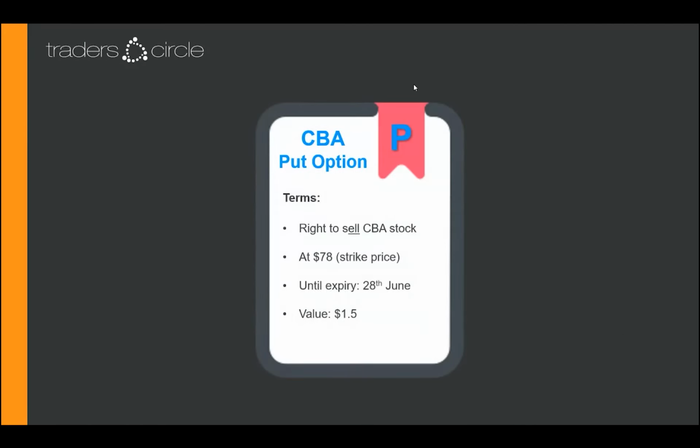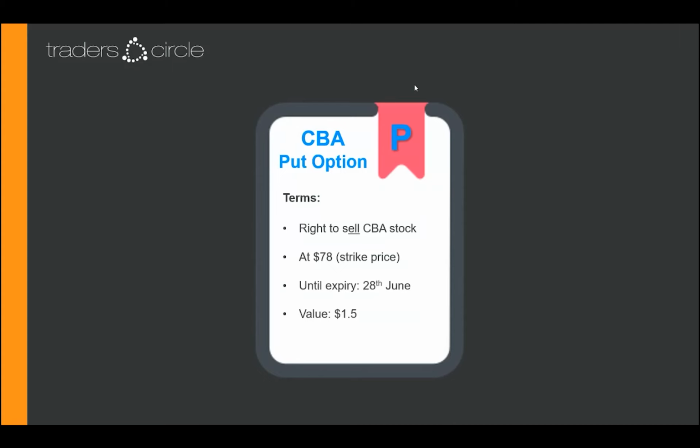So a put option, again, is just simply the opposite. The terms of a put option are the right to sell CBA stock, right? If we bought one on CBA, you can do options on many different types of stocks, right? But in this example at CBA, the terms of the put option are the right to sell CBA stock at $78, the strike price, until the 28th of June.